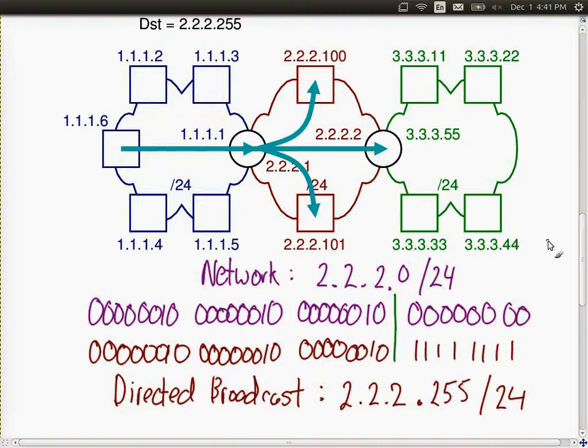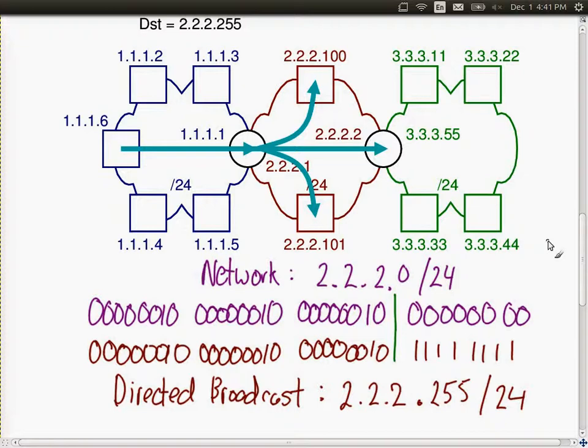On our blue subnet, which is network address 1.1.1.0/24, how many possible devices can we attach to that subnet, counting the ones that are already on it? So in total, how many devices on the blue subnet are possible? 254 devices.